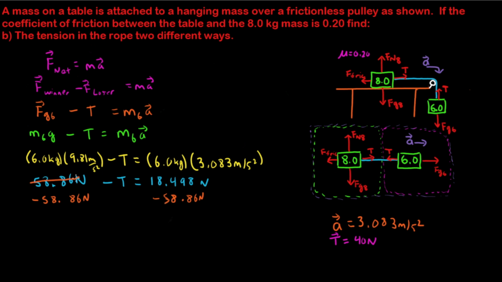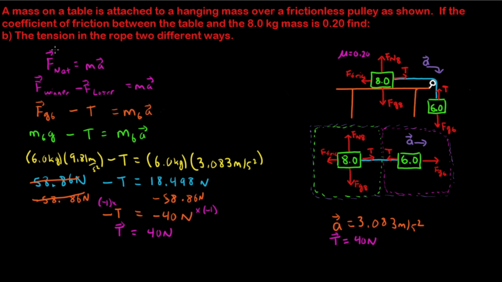On this side, we end up with 0, and on this side, we end up with 18.498 minus 58.86, which is equal to negative 40 newtons. A quick multiplication by negative 1 on both sides makes our final answer positive. T is equal to 40 newtons, and this confirms our answer from before of 40 newtons.